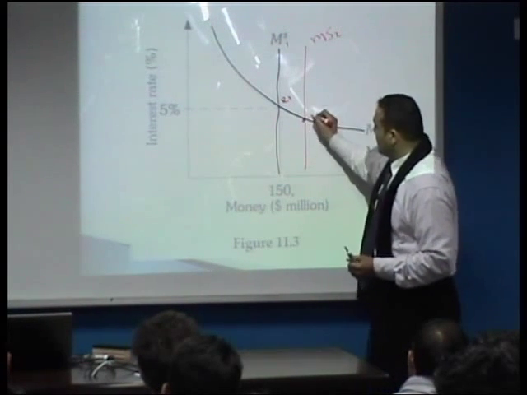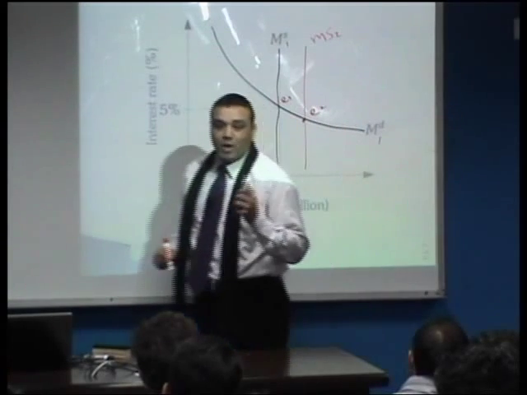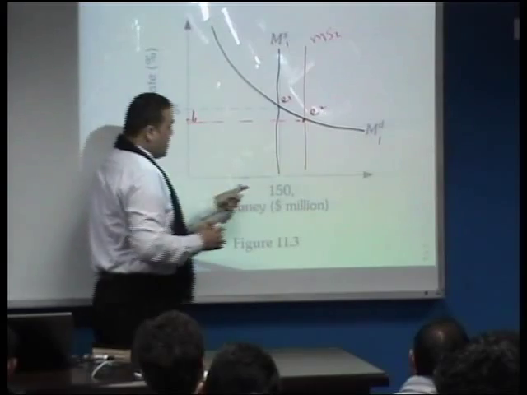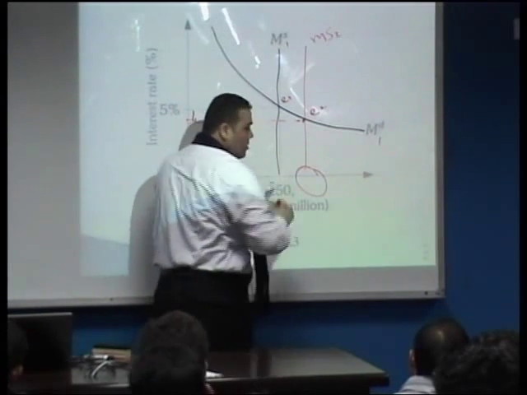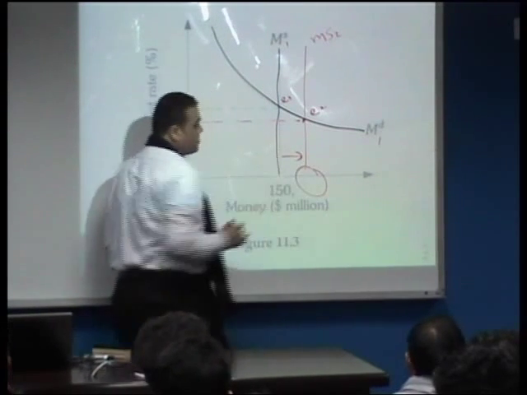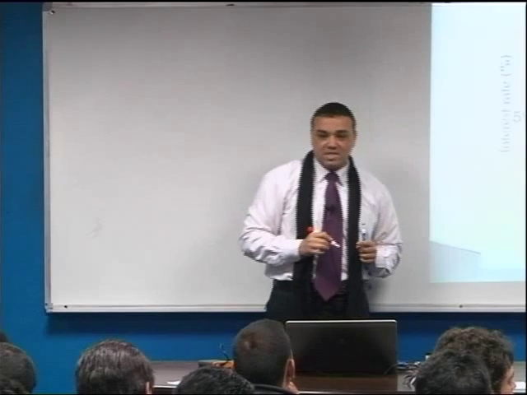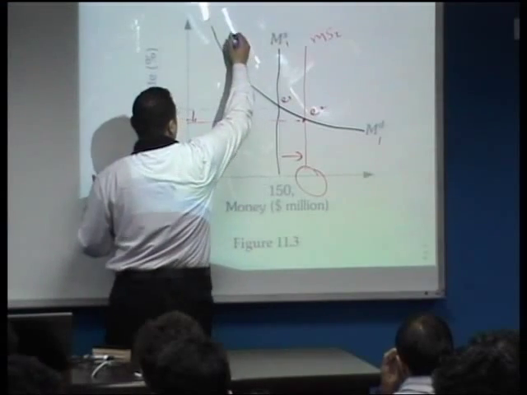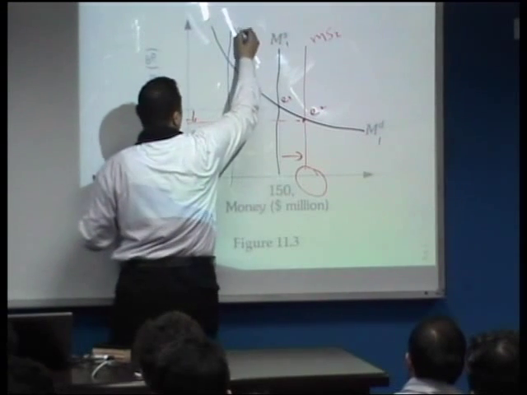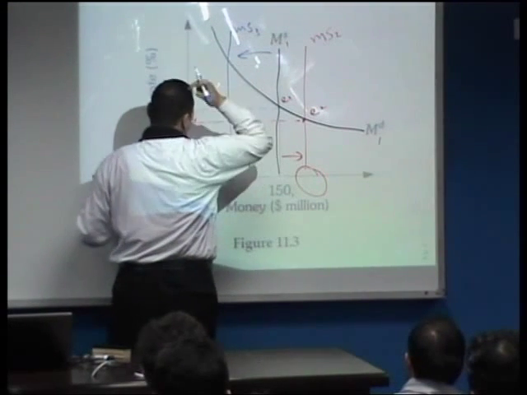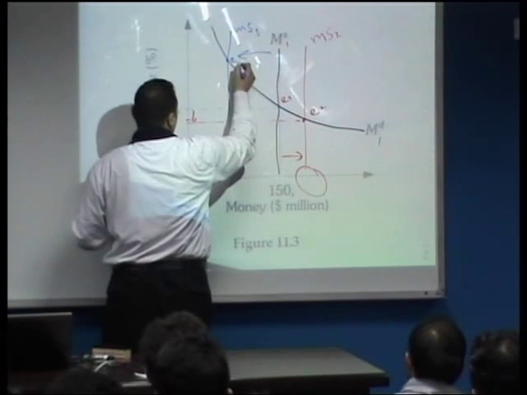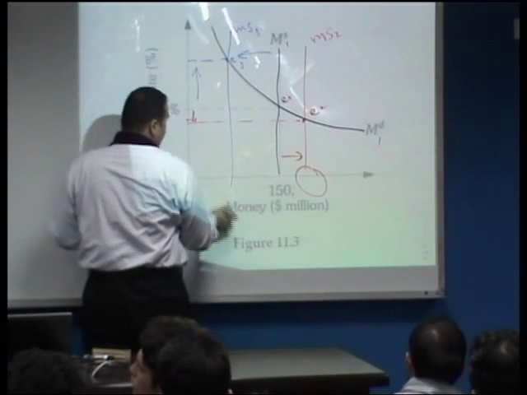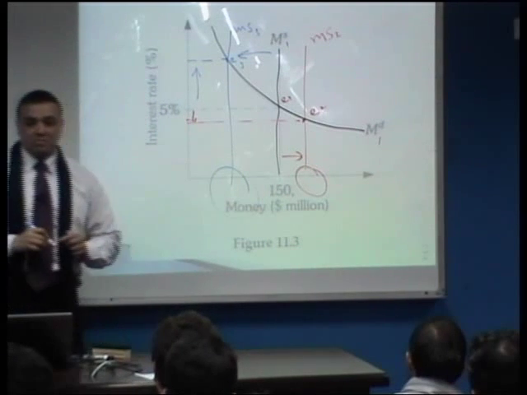This is E1, E2. The interest rate would decline, and the quantity of money holding would increase. And vice versa: suppose the money supply curve shifts to the left, to MS3. There is an increase in the interest rate and a decline in the quantity of money holding.